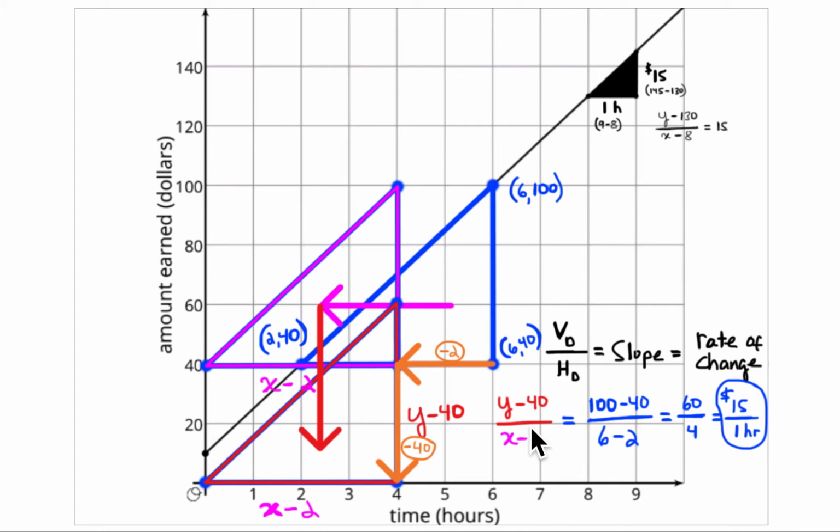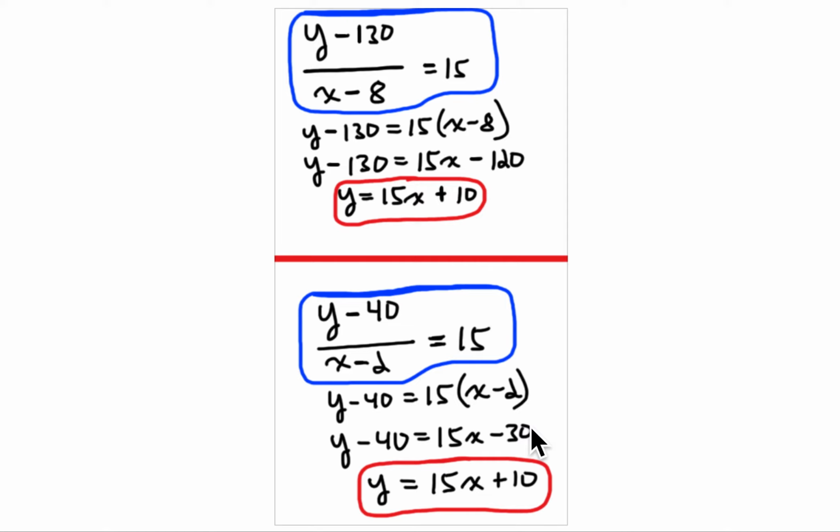And so now what I'm going to do is show you that they are the same. So we're going to zoom ahead a little bit. You're going to start doing this kind of algebra, and don't worry about it right now. Just look at what's going on and see if you can take it in and understand it. The top slope triangle, the tiny slope triangle, was y minus 130 compared to x minus 8.